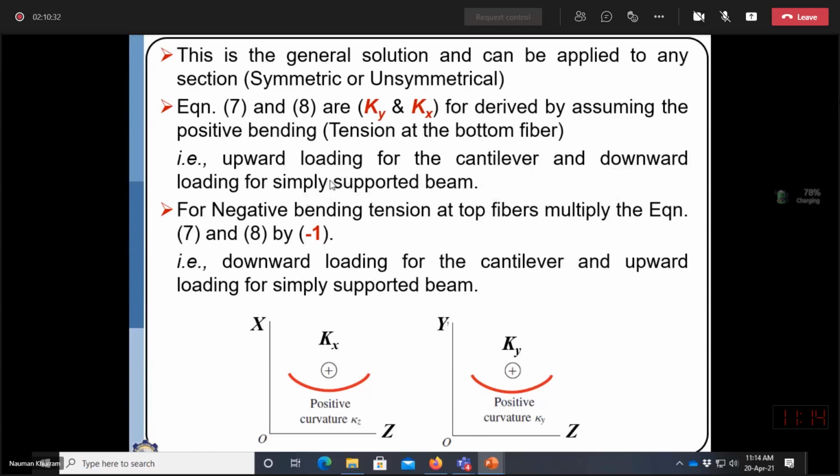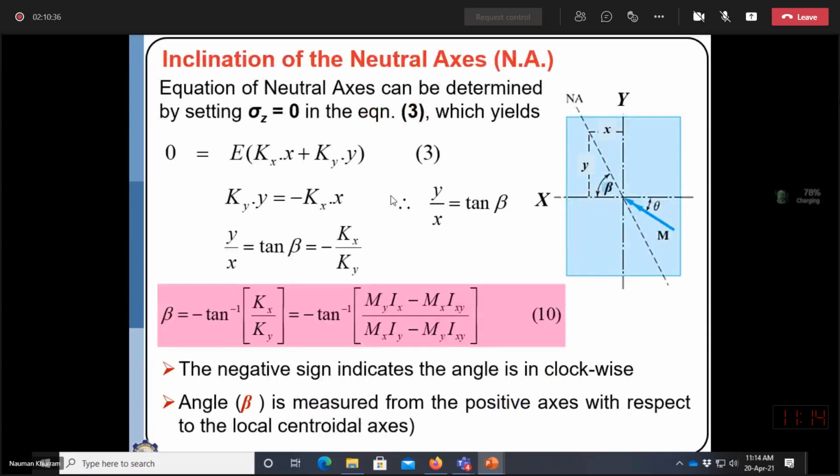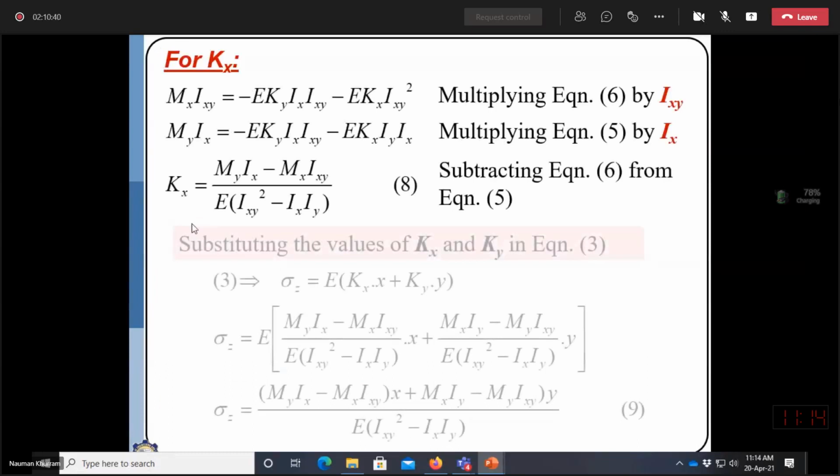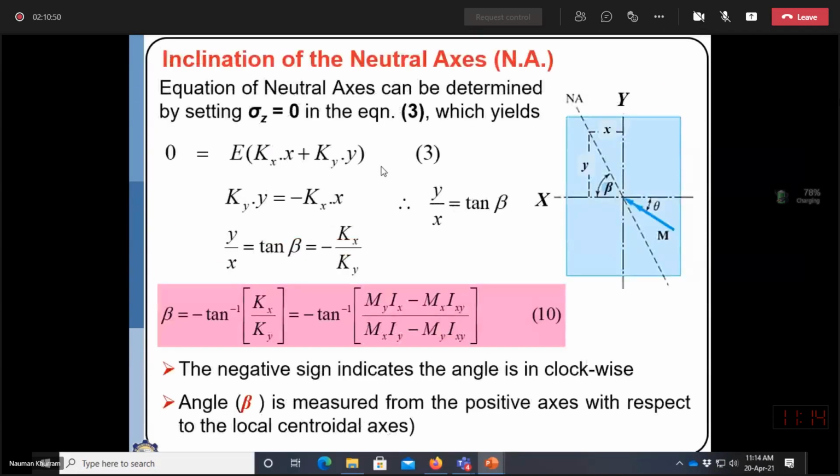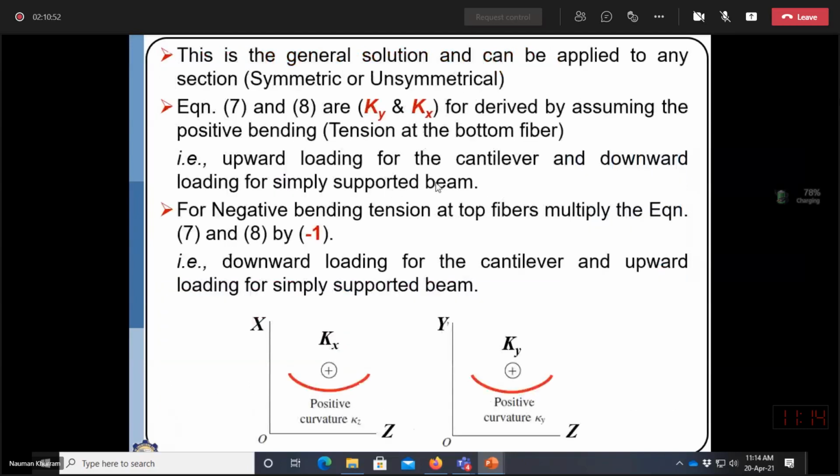So equations 7 and 8 will be used as they are, the way we have derived them, and that is only possible if we have positive curvature or positive bending moment.